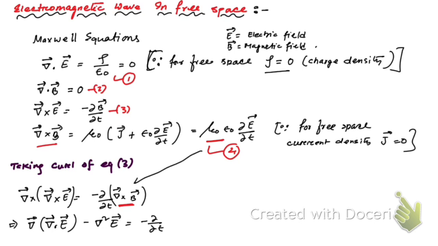If you use this result here, it's going to be equal to mu naught epsilon naught del E by del T. That's what we're going to have.